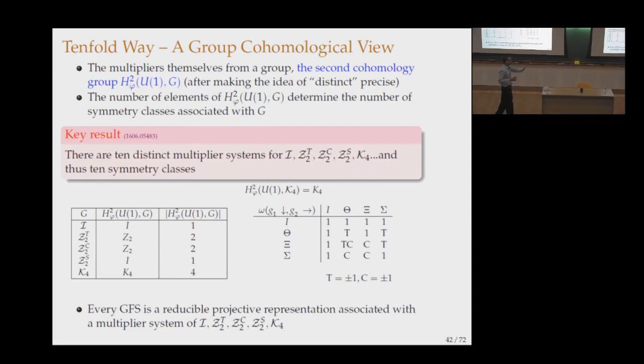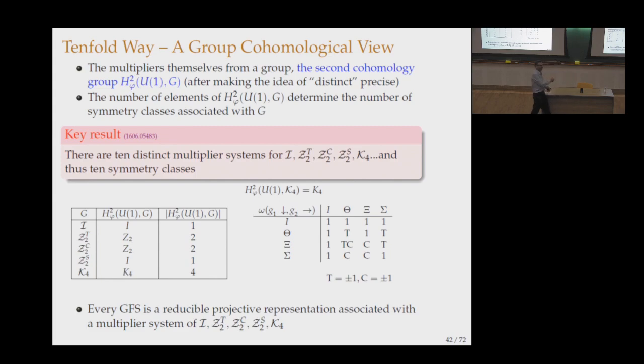Now you can do the computation, and you can show that the Klein group and its subgroups have exactly 10 distinct representations. And those 10 distinct representations are the 10 symmetry classes. Now you see this puts the whole game in a much broader framework. If you read Weinberg's book on quantum field theory, he makes the point that all particle content is actually representations of the Poincare group.